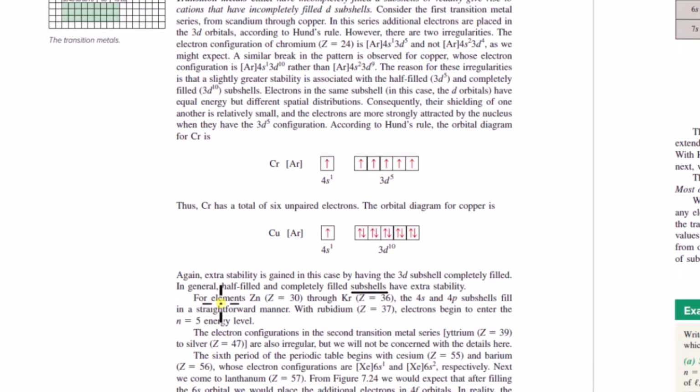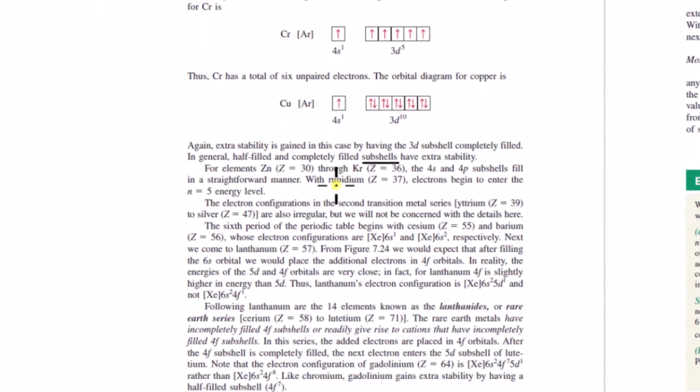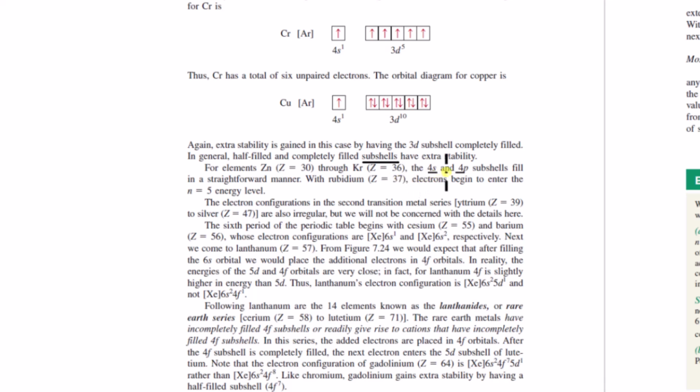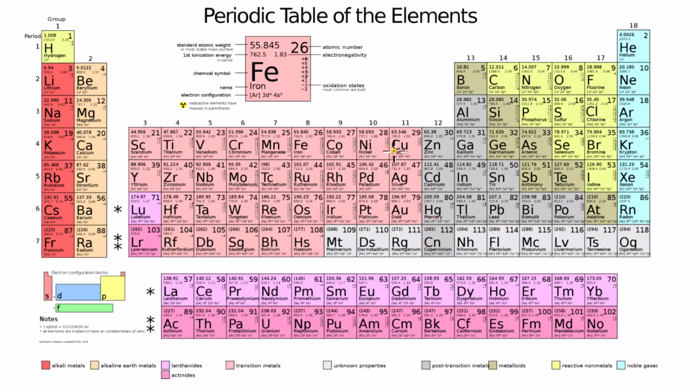Okay, now continuing for elements zinc through krypton, the 4s and 4p subshells fill in a straightforward manner. So what they're saying is after copper, that's an irregular, you have 4s1 3d10. We come to zinc and we go back to normal.